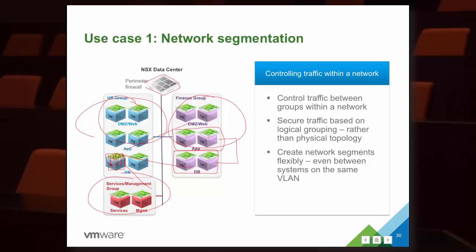If we want to ensure that we can control traffic between DMZ and database for HR, we can do that. And also between groups that might live inside of different networks. So really true flexibility, all happening in flight, protected, scaled, and repeatable through NSX.